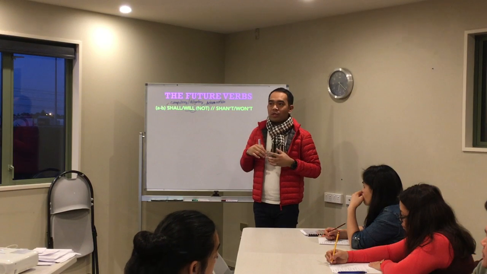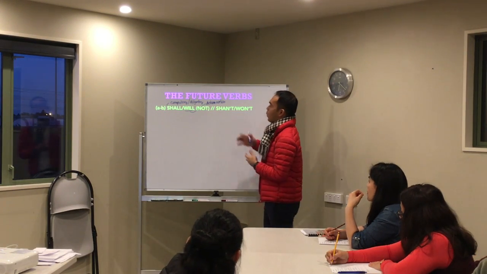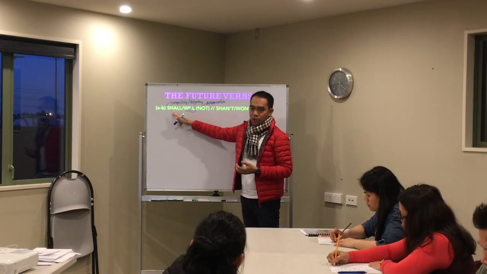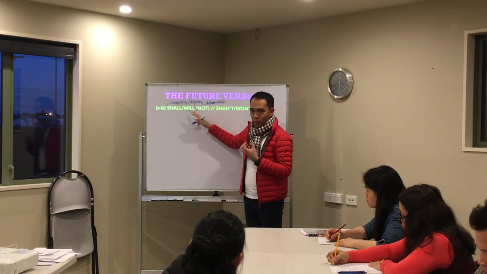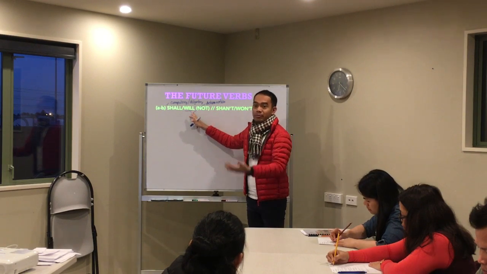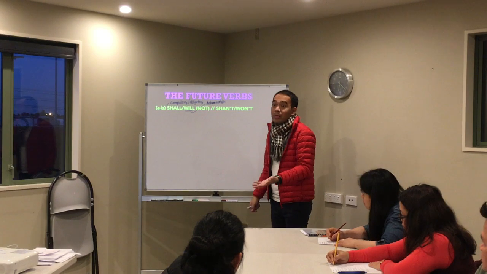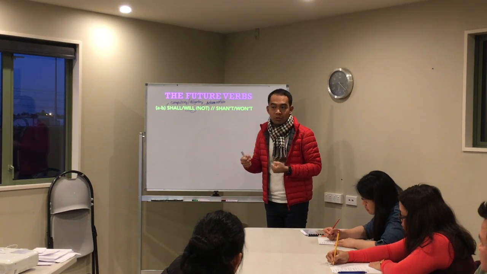If you just want to know exactly what the differences are, basically speaking, we say shall if it's obligation, will on the other hand if you are determined to do something. You may not be obliged, but you will do it because you are determined to do it.